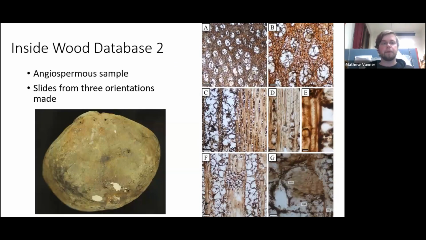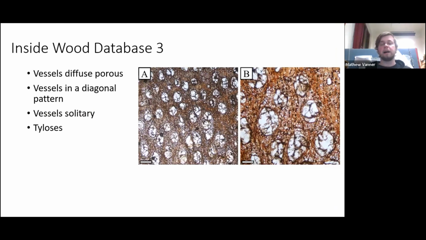So as an example, this is an angiospermous sample of wood. You can tell that just in hand specimen because you can actually see the vessels if you look close enough. I've made slides from 3 different orientations, and this wood has diffuse porous vessels. So the vessels are not grouped in any way. They are diffuse, so they aren't related to a tree ring in any way.